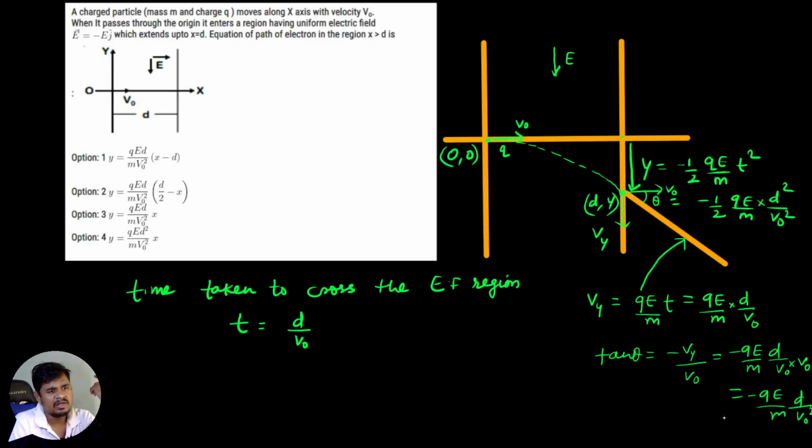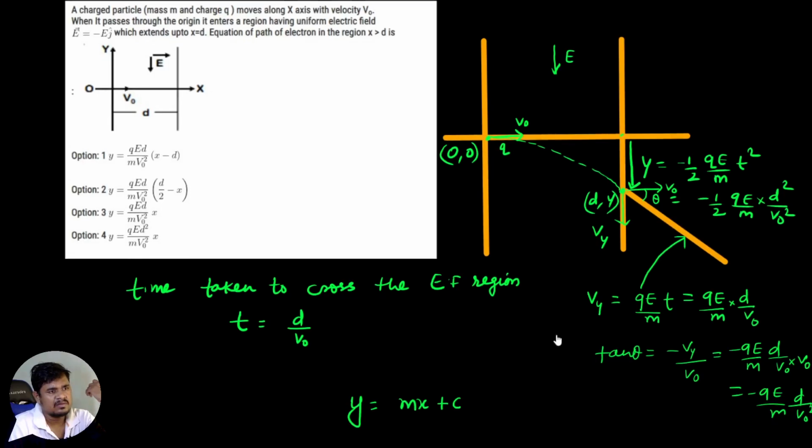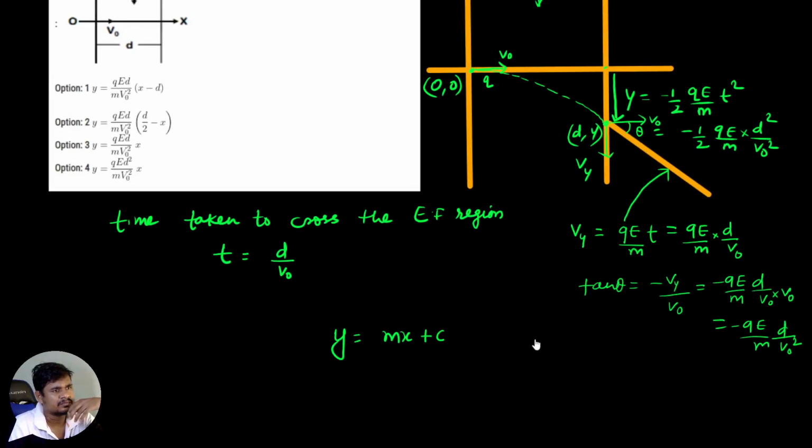Now, the equation of the line is y equals mx plus c. We know the value of y, we know the value of x, so we will substitute these two points, and as we know the value of m, we can get the value of the constant c.